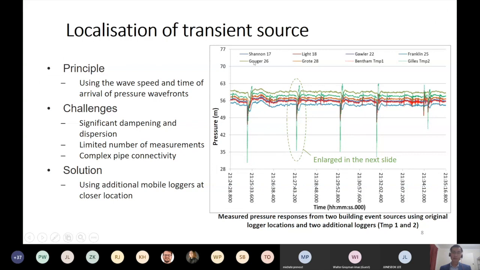Then we use the permanent loggers and also some of the mobile loggers to triangulate the events based on the wave speed and the time of arrival. This is one of the examples. You can see this building making lots of transients fairly frequently. Every maybe 2-3 minutes, we have a transient event, and it's quite significant.